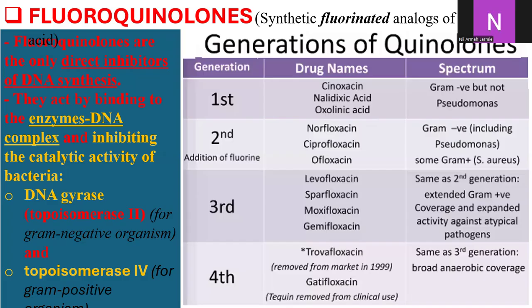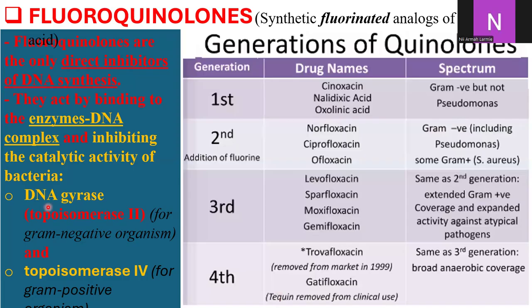These enzymes bind directly to the DNA complex, and by doing that, inhibit the process of the synthesis. So 2 main enzymes are of interest here: topoisomerase 2 and topoisomerase 4. Topoisomerase 2 is also called the DNA gyrase.